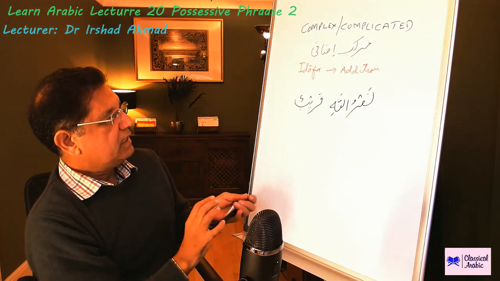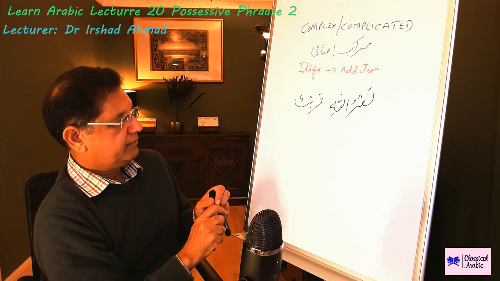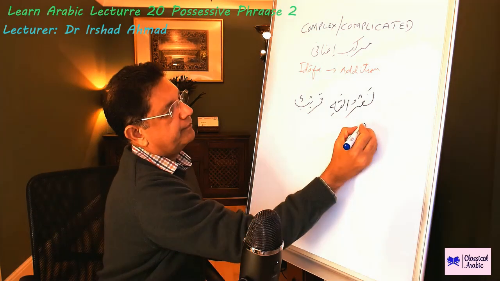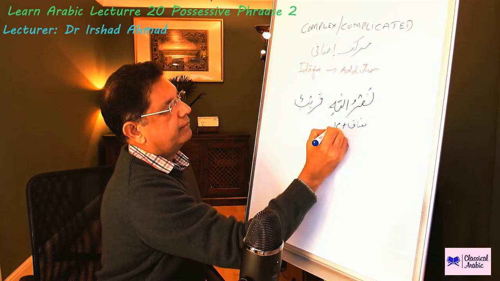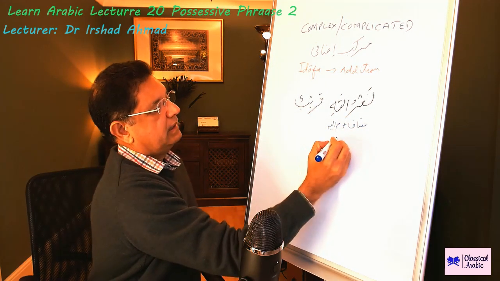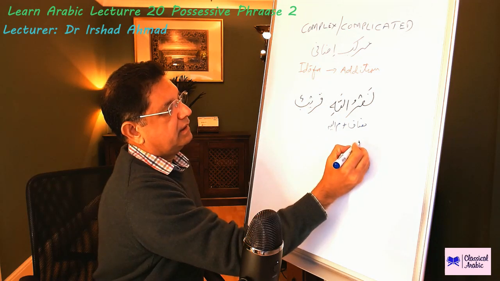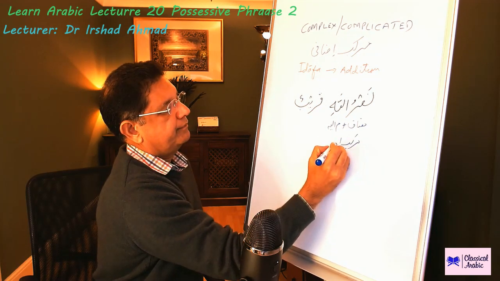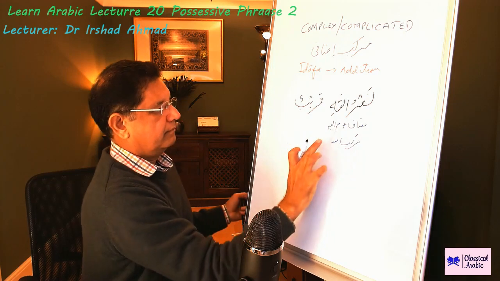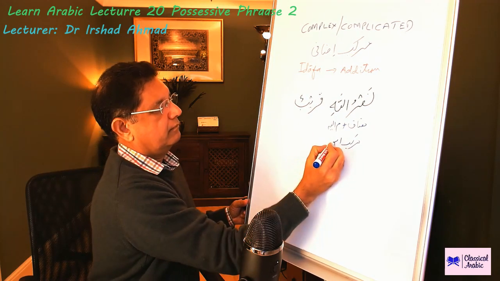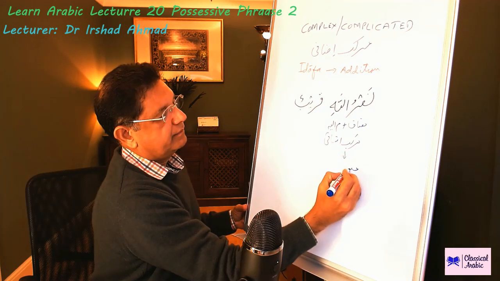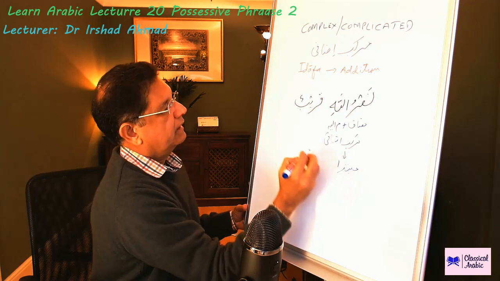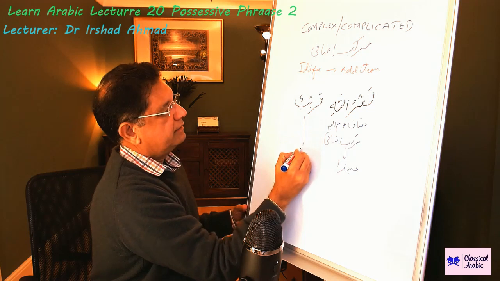So Nasrullahi here is Mudaf and Mudaf ilayh. Mudaf plus Mudaf ilayh, and that becomes Murakkab Idafi, and that's our Mubtada here. And Qareeban is Khabar.